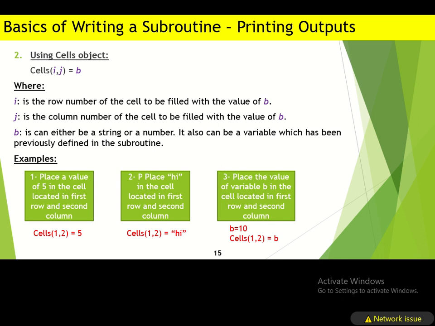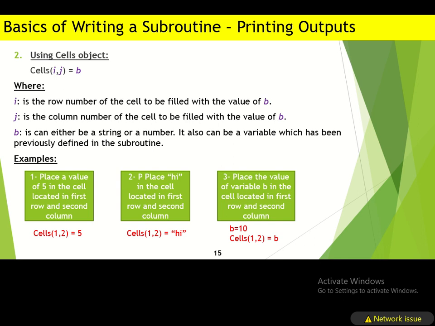What's the difference here? In the first option I was putting a value. In the second example, I am putting a text. And the third one is any value which the program has calculated. B is the value which the program has calculated, and I am storing it in cell I, J. So B doesn't have to be a constant.